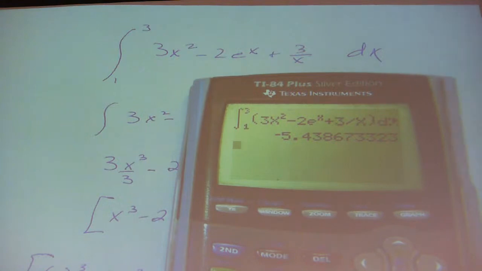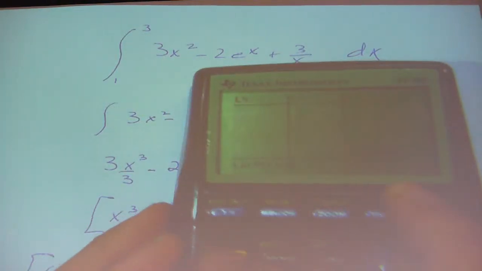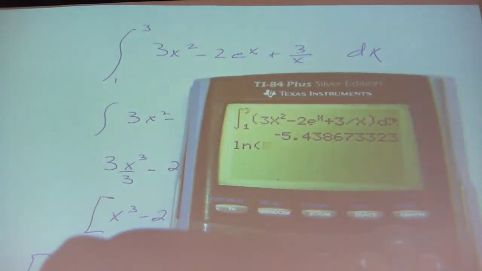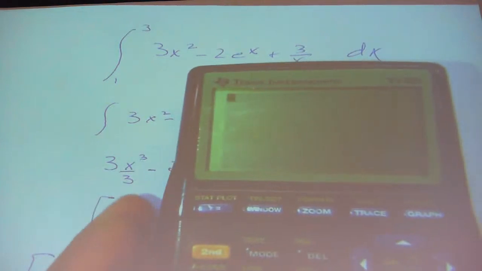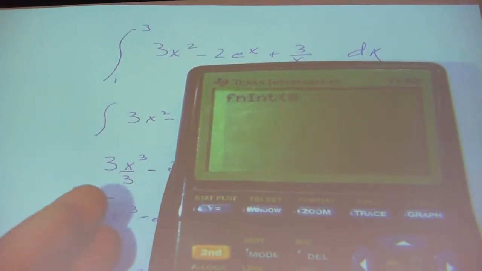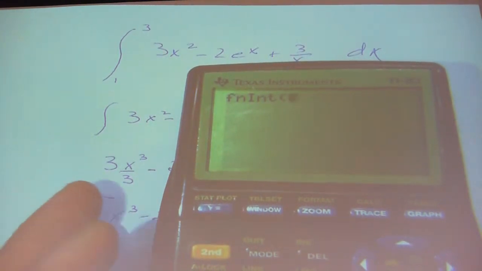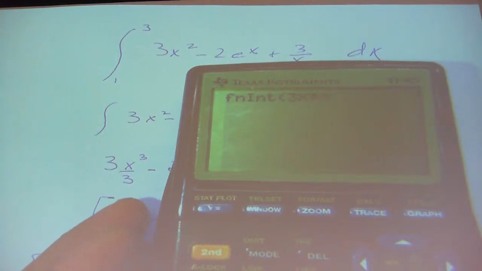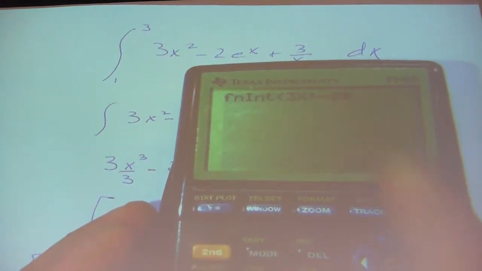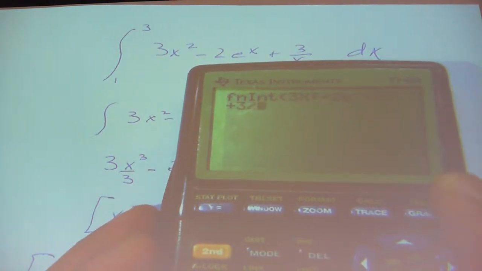Now, if you have the other version of the calculator, which is no problem at all, here's what you'll be doing. It's kind of the same thing. You're going to hit Math 9, but it's kind of in a different order. If yours says FNINT, you're still going to put in 3x squared minus 2 e to the x, close parentheses, plus 3 over x.